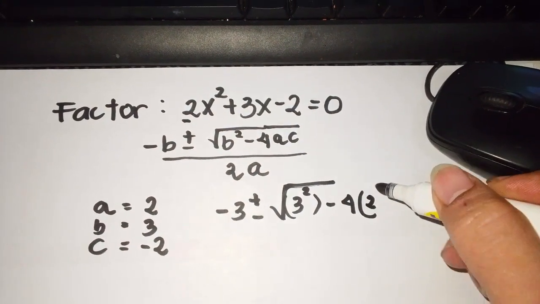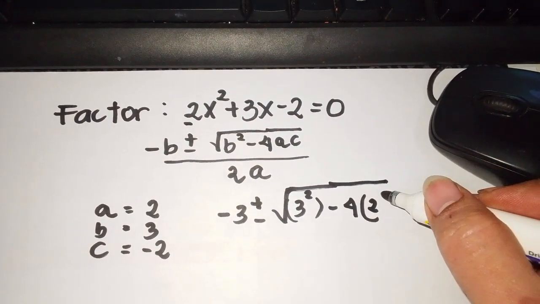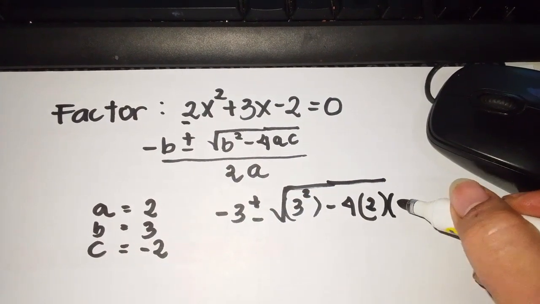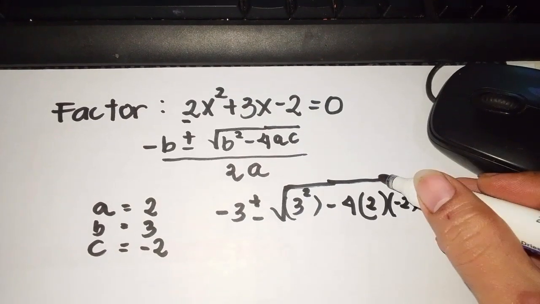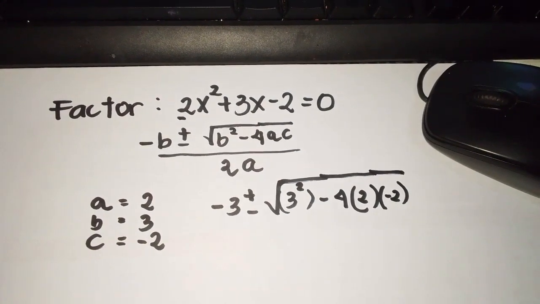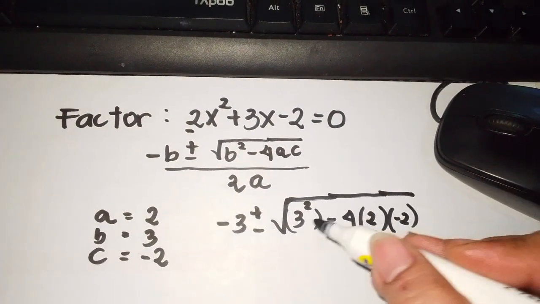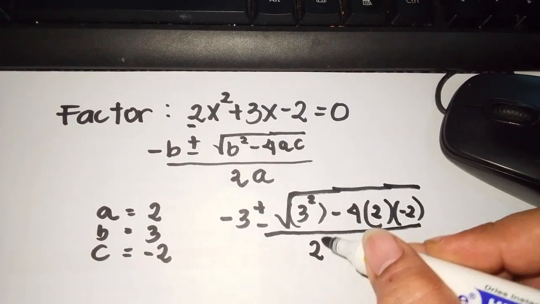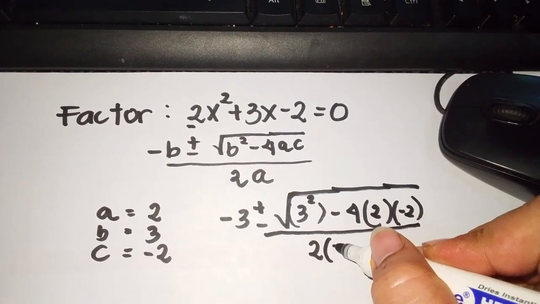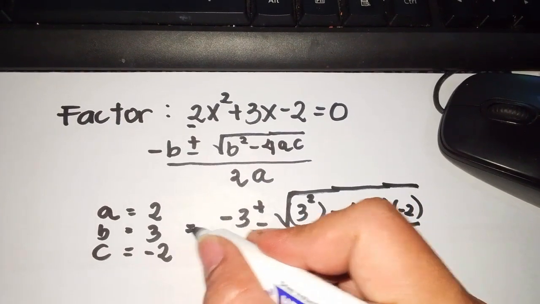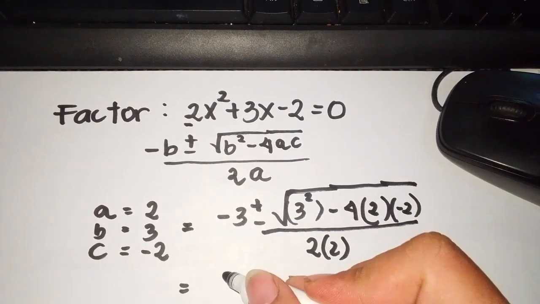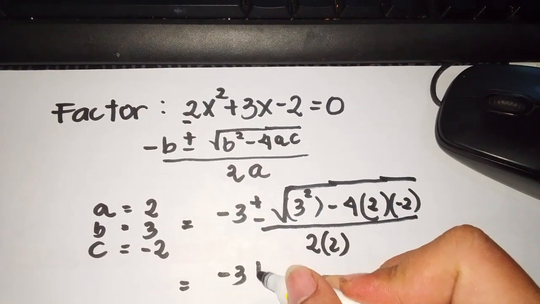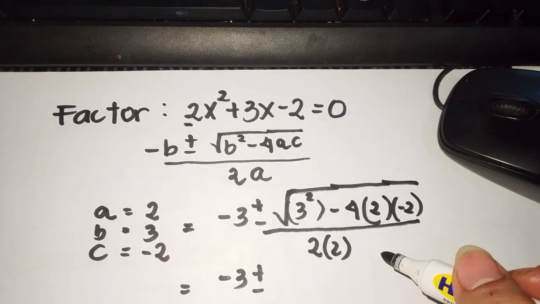Our a is 2. Okay, and our c is negative 2. So you just multiply, enclosed by the radical symbol, all over 2 times a. Again our a is 2. So next, negative 3 plus and minus.